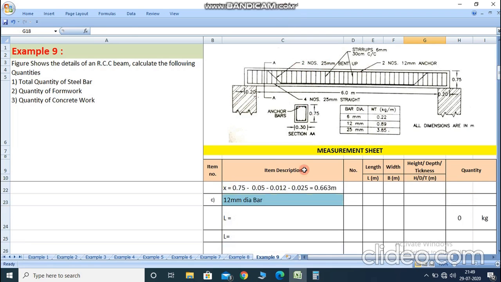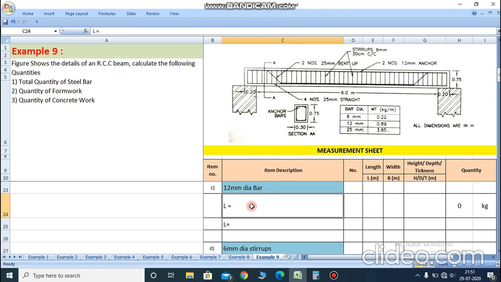Now we find out the 12 mm diameter bar. Here two numbers of 12 mm diameter anchor bar are provided. So the number is 2, given already in the figure.